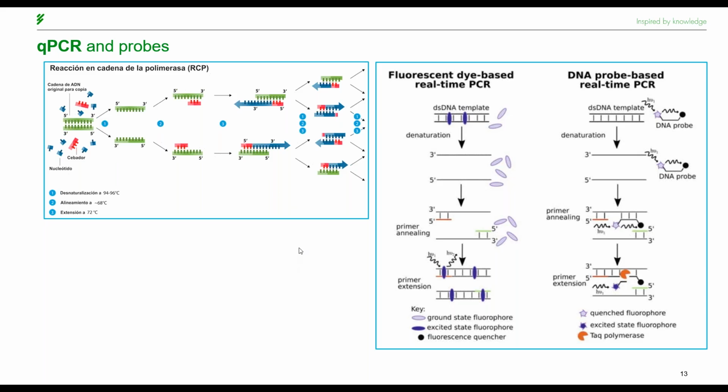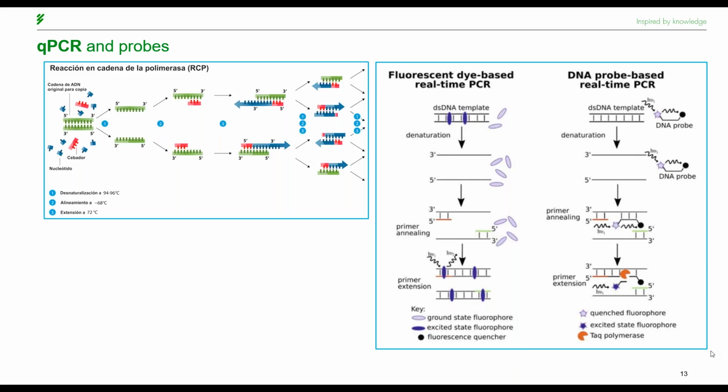The difference between a traditional PCR and a qPCR is that fluorescent labeling enables the collection of data as the PCR progresses. There are several techniques to do so. Some are stains, but the most specific one is the probe-based qPCR.